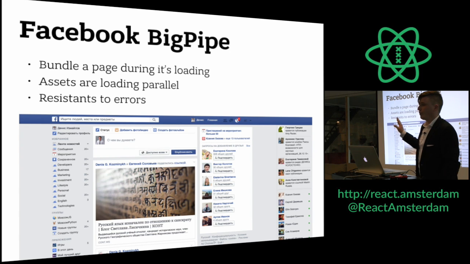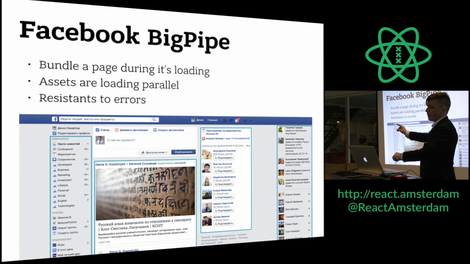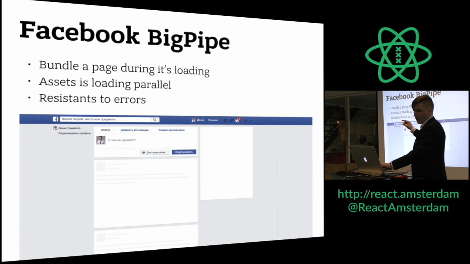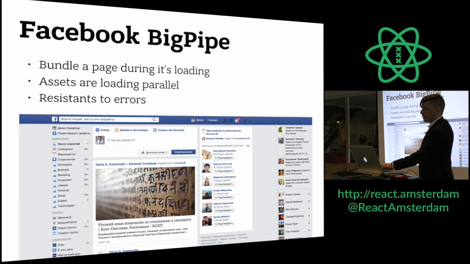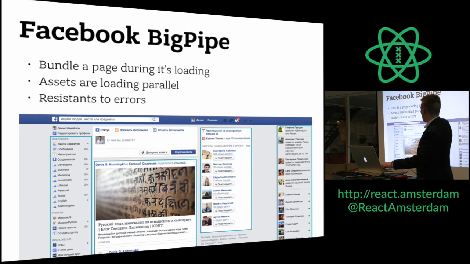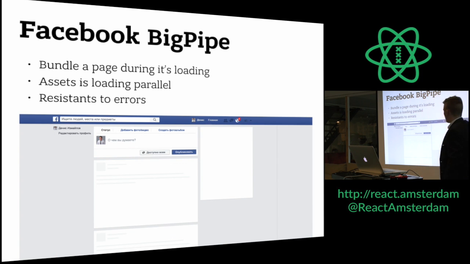So the Facebook BigPipe solution is very good too because it is something like rendering separation. There is typically a Facebook page, yes? We can extract some widgets and, on the first request, respond with a half-ready page.